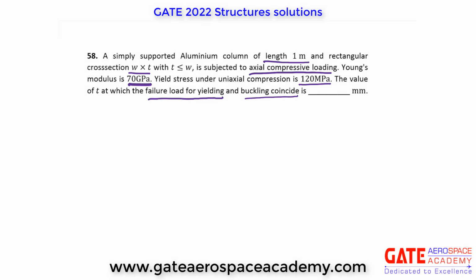So buckling load for simply supported is P is equal to pi square EI upon L square. So they are asking that we have to find out value of T at which failure load for yield and buckling will coincide. So if we divide it by area, it will become stress.